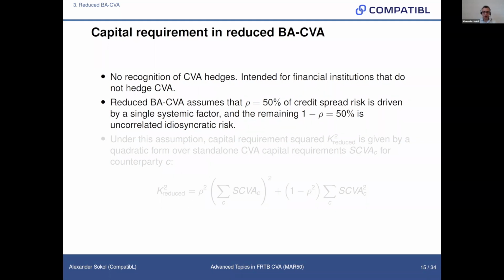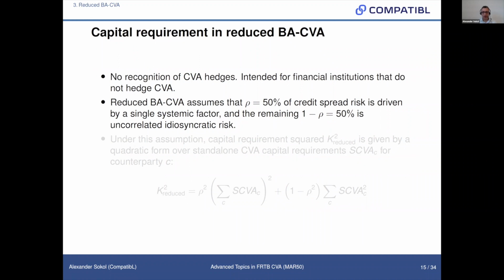So in reduced BA-CVA, you have no recognition of CVA hedges, and it makes an assumption. When it combines risk, it combines the capital requirement from the risk of each individual counterparty. It assumes that 50% of credit spread risk is driven by a single systemic factor, and the remaining 50% is uncorrelated idiosyncratic risk, right?